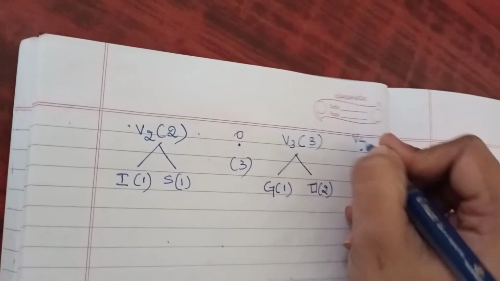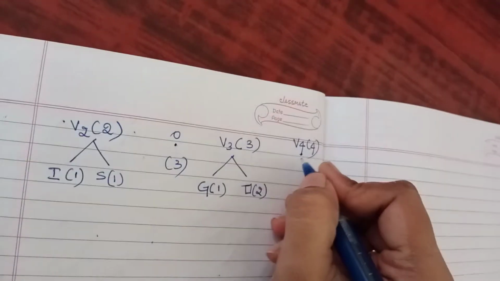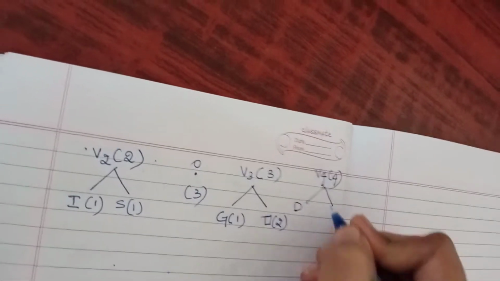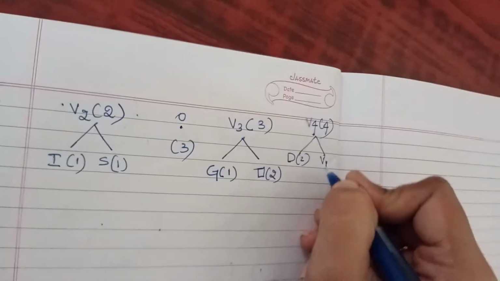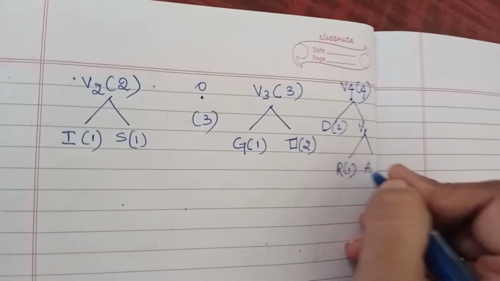Next comes V4 of 4, that is D of 2, V1, that is R of 1 and E of 1.